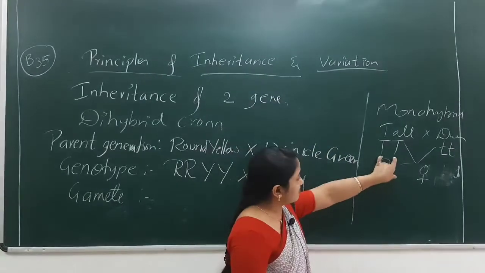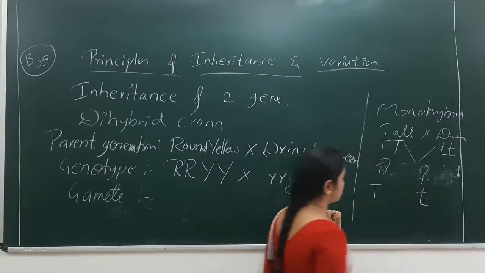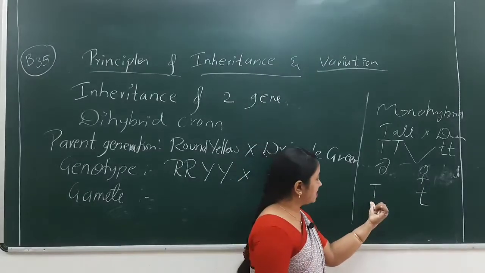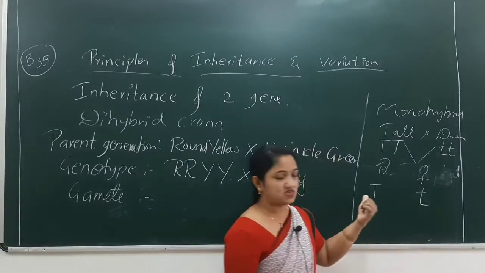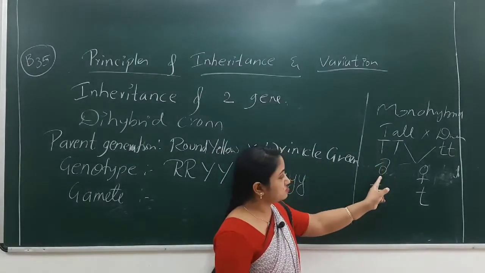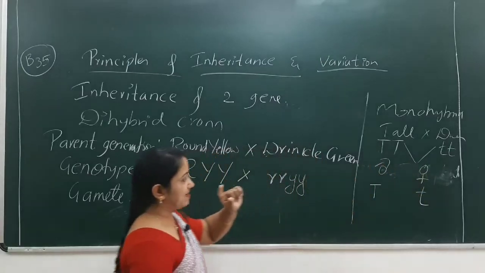So, what did we get here? Only the capital T and small t, and you learned this as one male gamete and one female gamete. Only one gene transmits to the male gamete, one gene transmits to the female gamete.